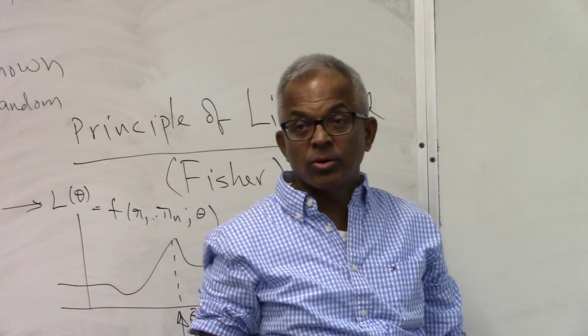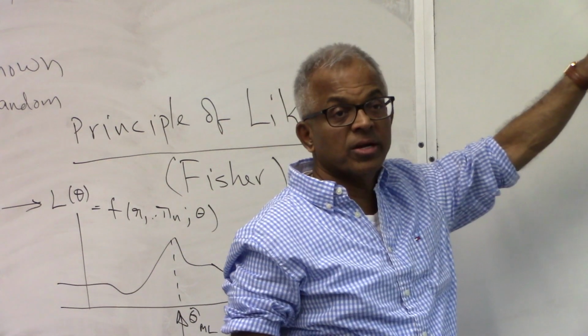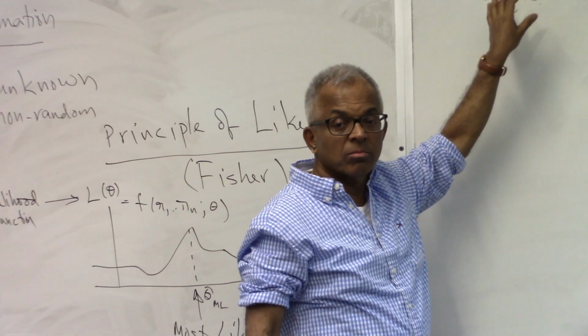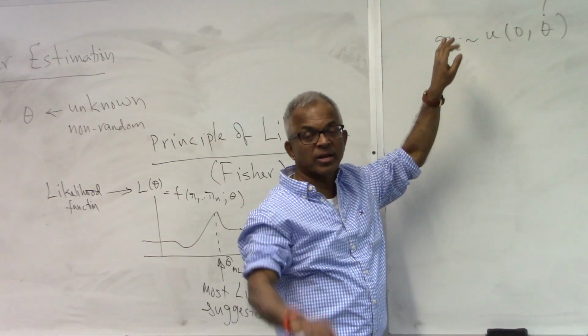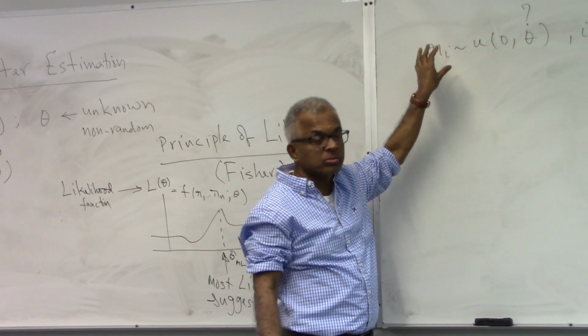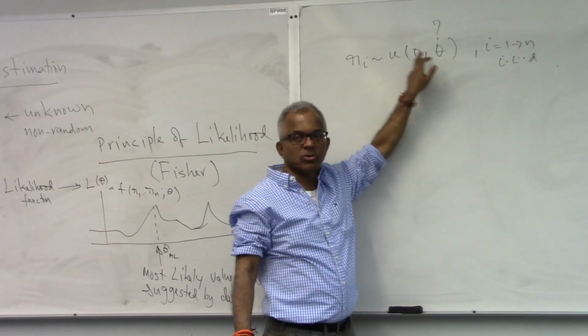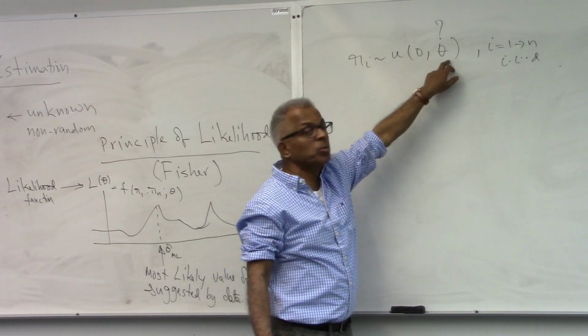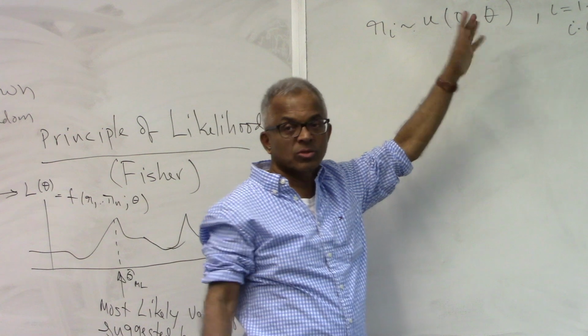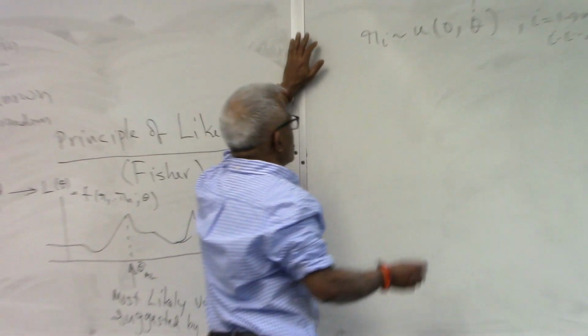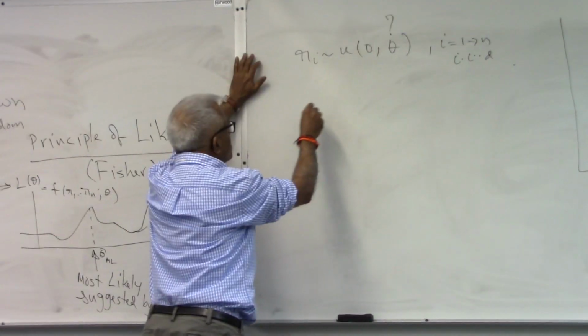That n is unknown. So you stand somewhere and read taxi numbers. You make a few observations, then we want to get an estimate of this theta, because every number is going to be between 0 and theta. So that's the discrete version. I'll come to that also, but let me finish this up.